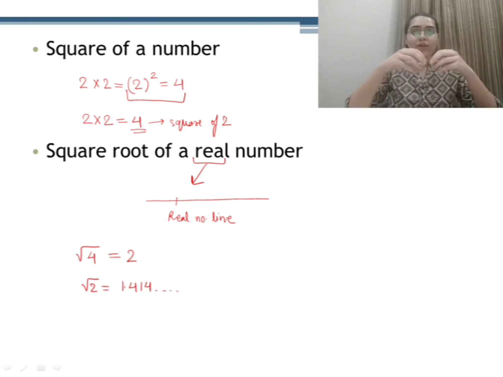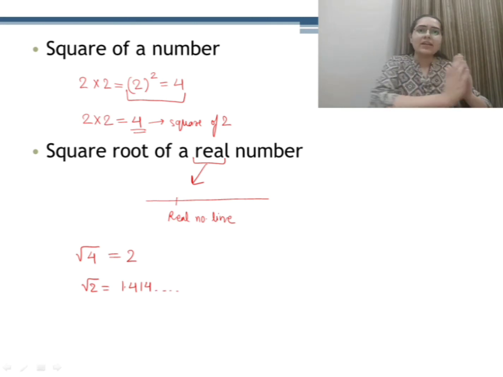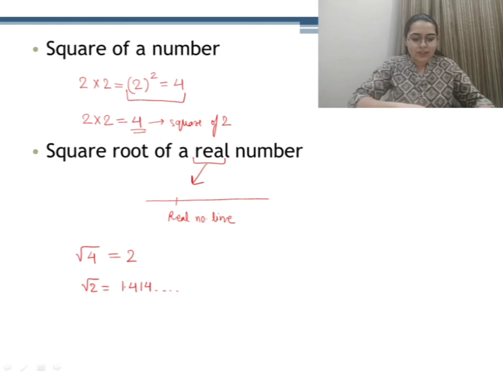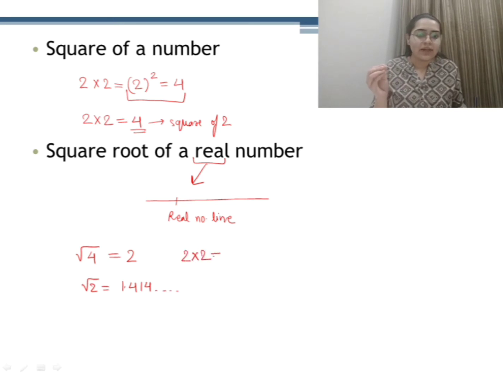Square root means that if you multiply a number by itself and then we get a number, that number is called square, and the number that we multiplied by itself is the square root. Here we can see that 2 multiplied by itself gives us 4. Now here this 2 is called square root of 4.